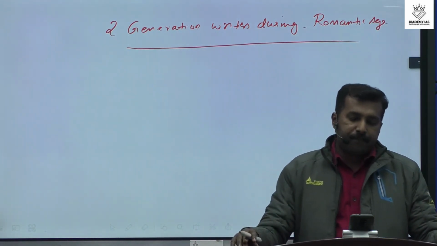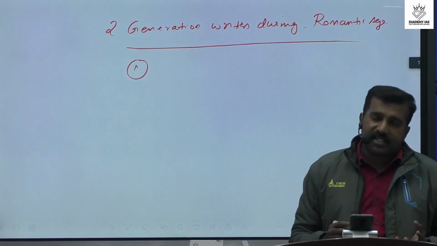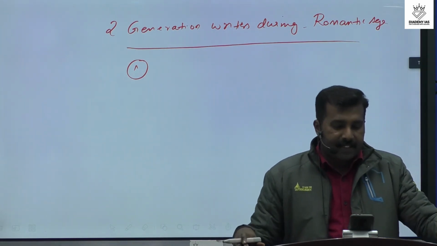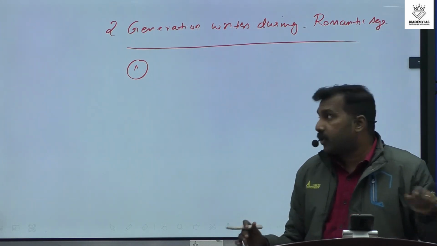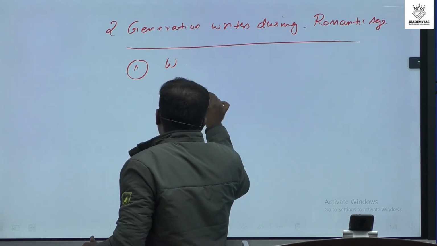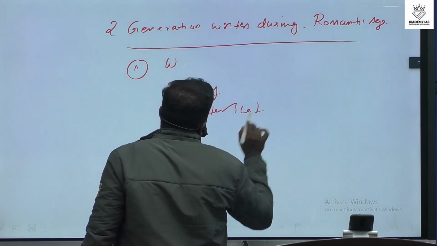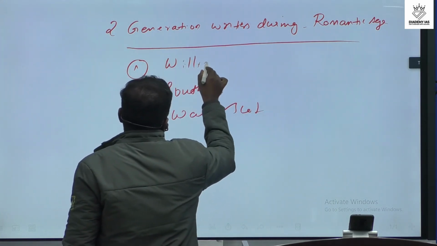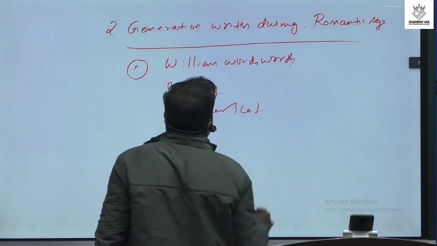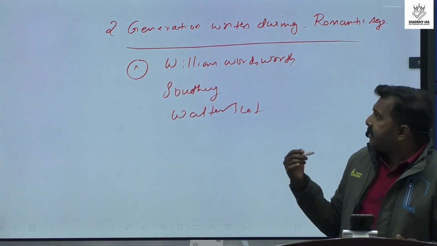The first generation includes William Wordsworth, Southey and Walter Scott. These are the important writers during the Romantic age, considered the first generation writers.